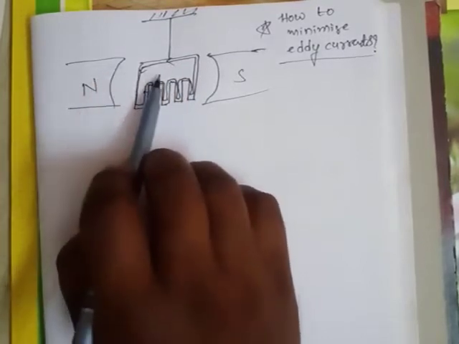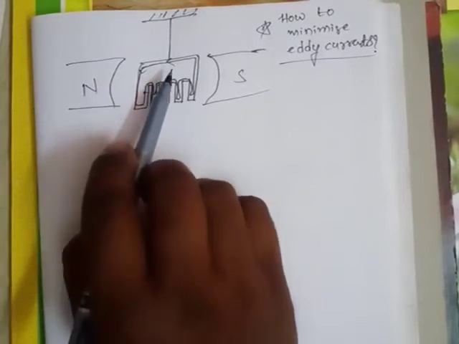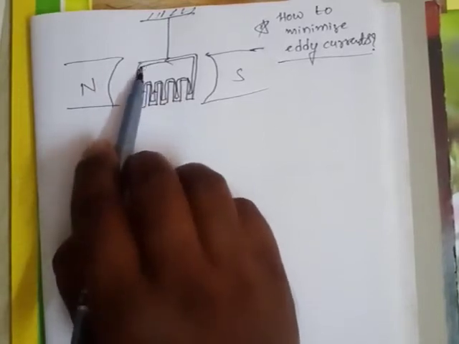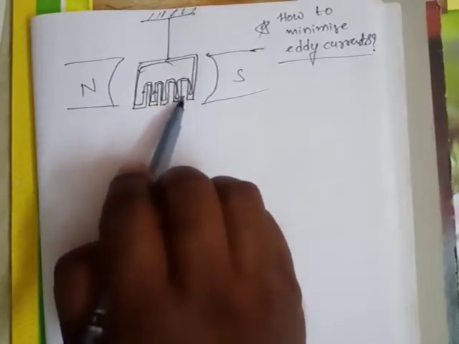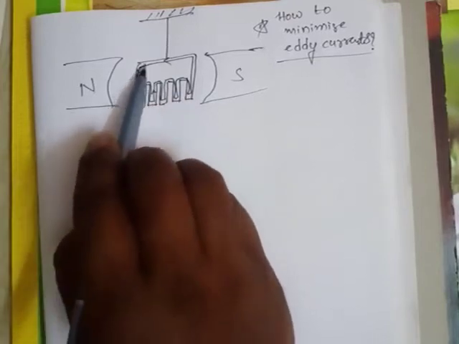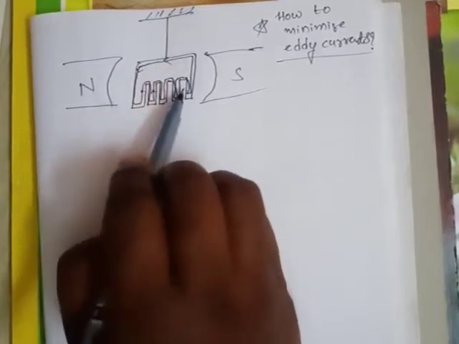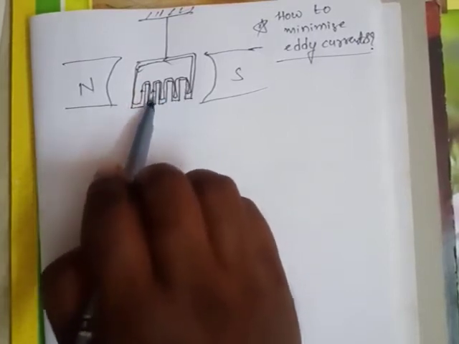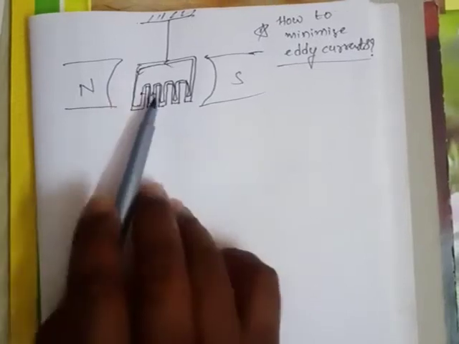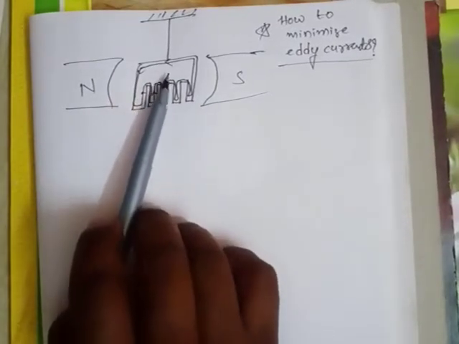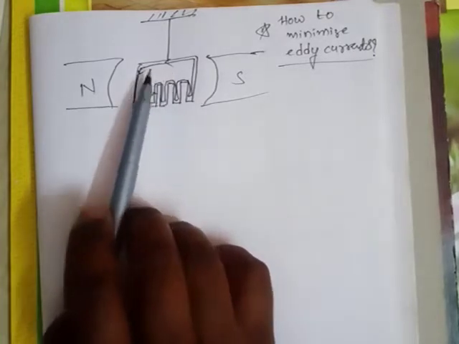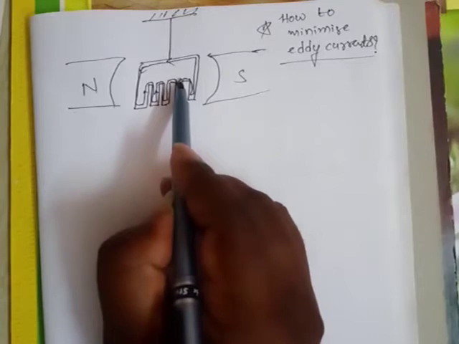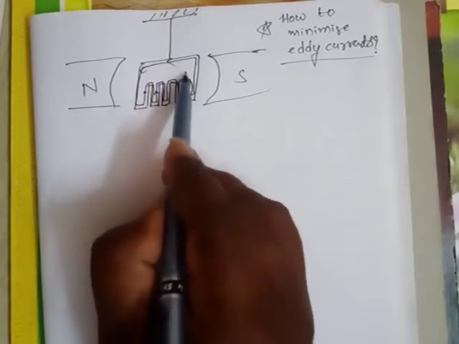If you see the previous case, in this case the electrons travel more distance because of these slots. In the previous case the electrons traveled directly, but with the slots, the electrons cover the distance like this. So the electrons cover more distance because of the slots.